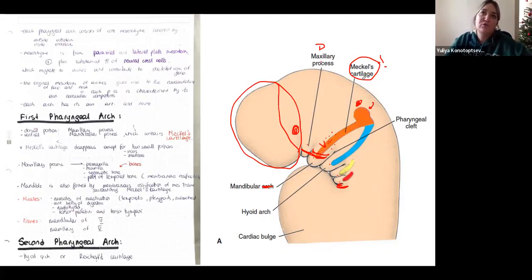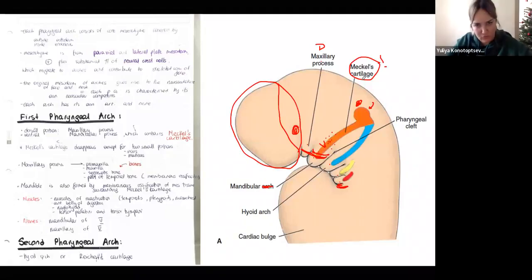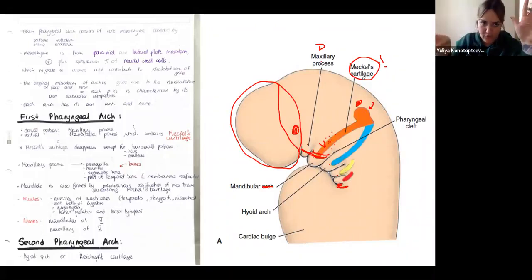So if they ask you this particular question, in the head region, do all of the bones ossify intramembranously? The answer is no. We have 2 exceptions. In the ear, right?